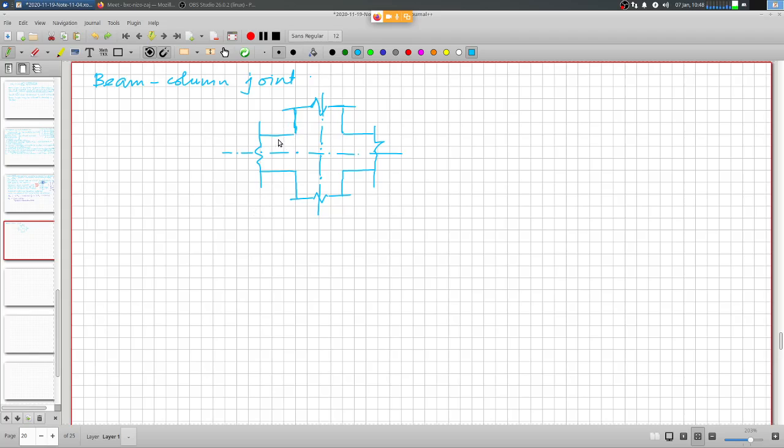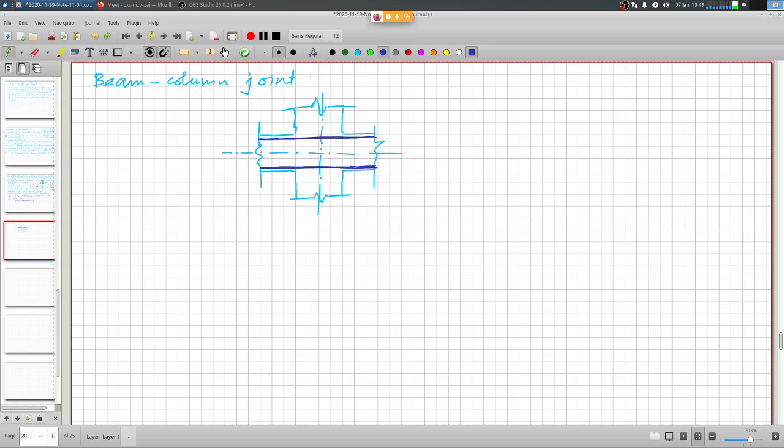And this is the beam reinforcement, and this has already yielded.